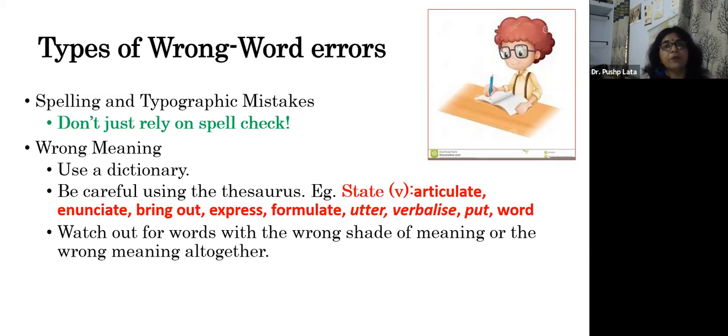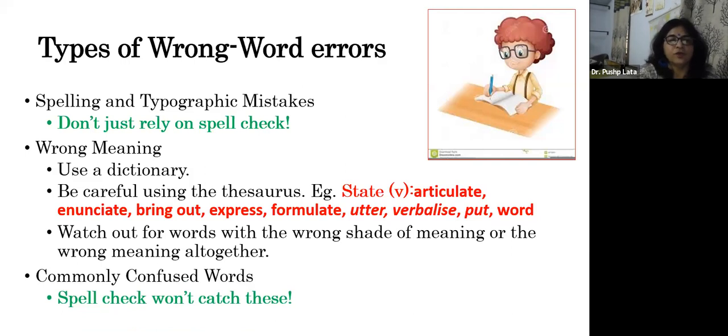Again, it will depend on the domain you are writing. Utter, verbalize, put word. So watch out for the words with the wrong shade of meaning. For the wrong meaning altogether, my suggestion will be, please look into dictionaries for this. Until you're convinced that, okay, this is right, you should not use the words.